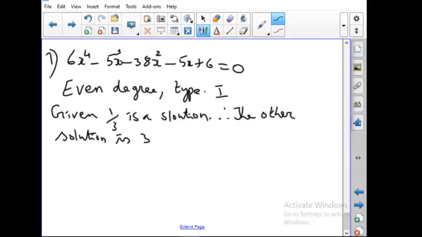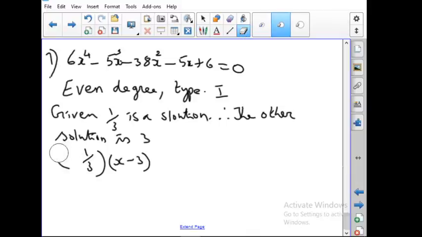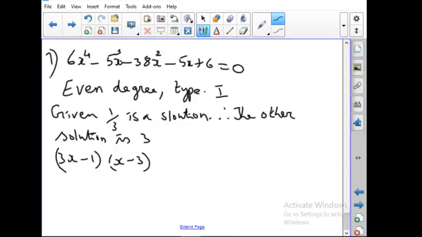So now consider this x minus 1 by 3 into x minus 3. That is 1 by 3, we can write it as 3x minus 1. So 3x minus 1 into x minus 3 is nothing but 3x square minus 10x plus 3.